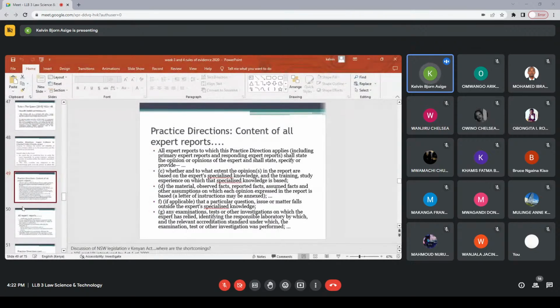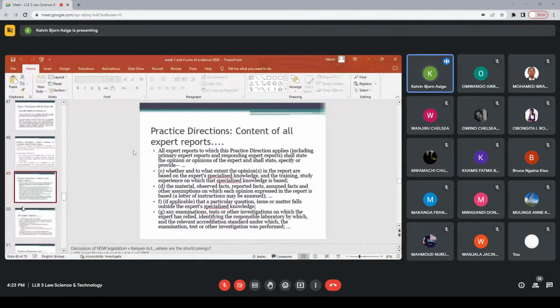It should also state the material, observed facts, reported facts, assumed facts, and other assumptions on which each opinion expressed in the report is based, and a letter of instructions may be annexed to that effect.